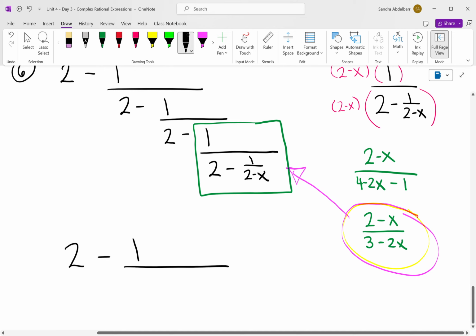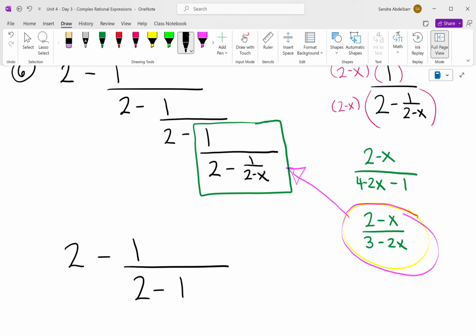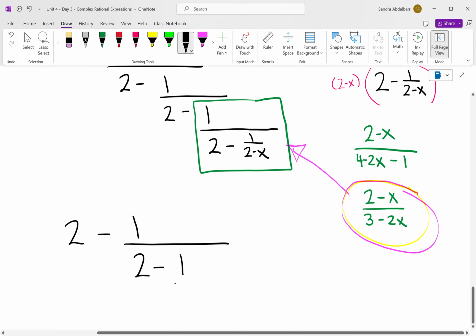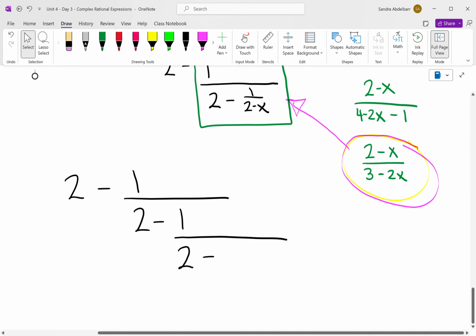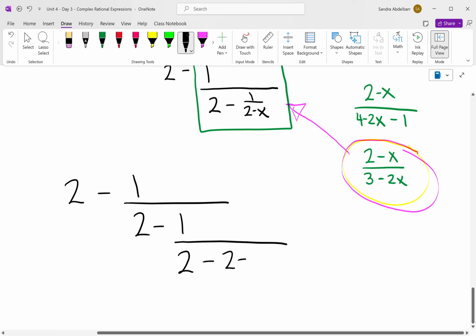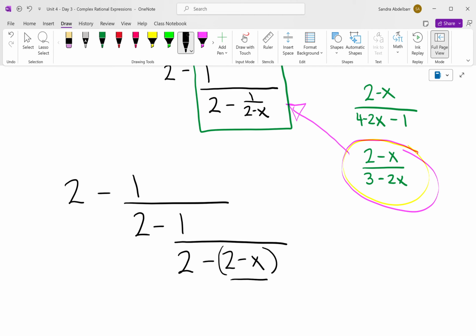So now I'm going to rewrite the whole thing all over again. So now we are 2 minus 1 over 2 minus 1 over 2 minus, but now instead of the box, what am I going to write? 2 minus x over 3 minus 2x.